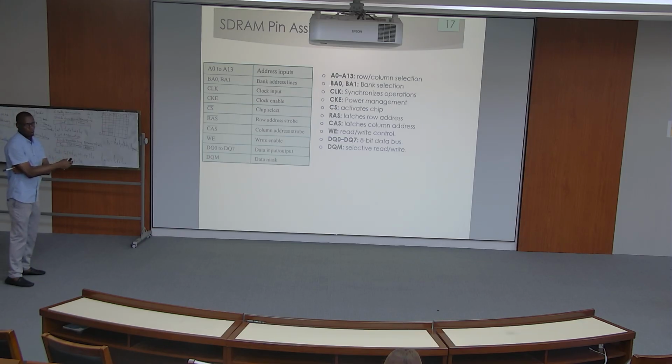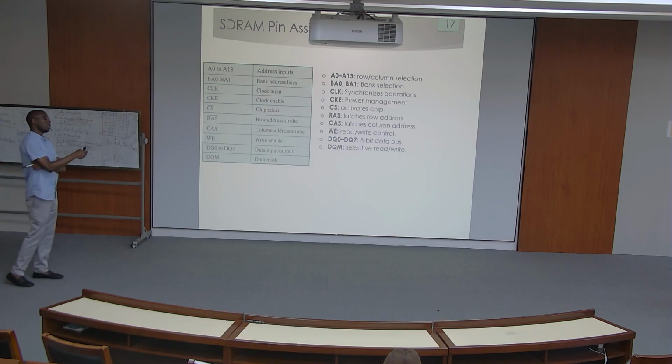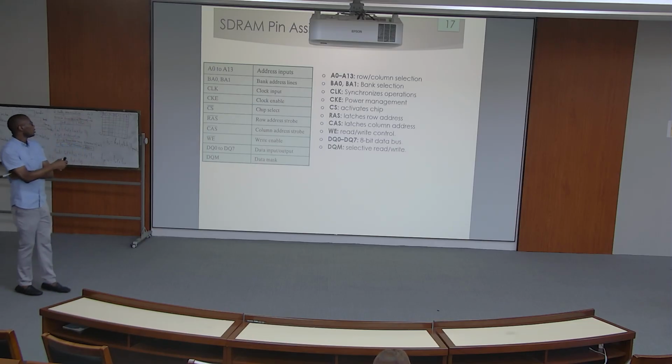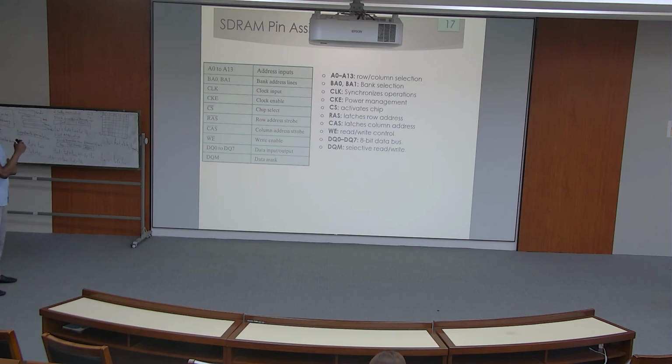We need the clock signal to be activated to allow the synchronization of different operations. The next pin that we need to discuss for the synchronous DRAM is the clock enable. The clock enable pin is for power management.